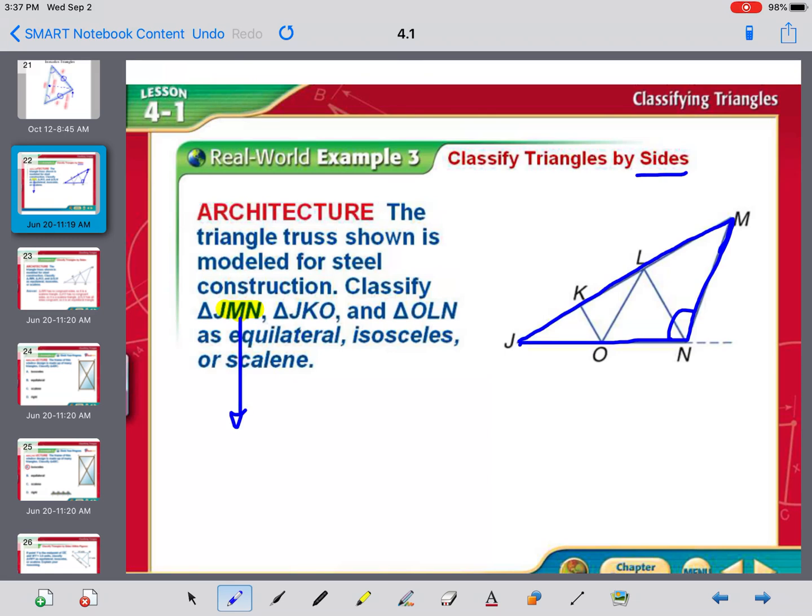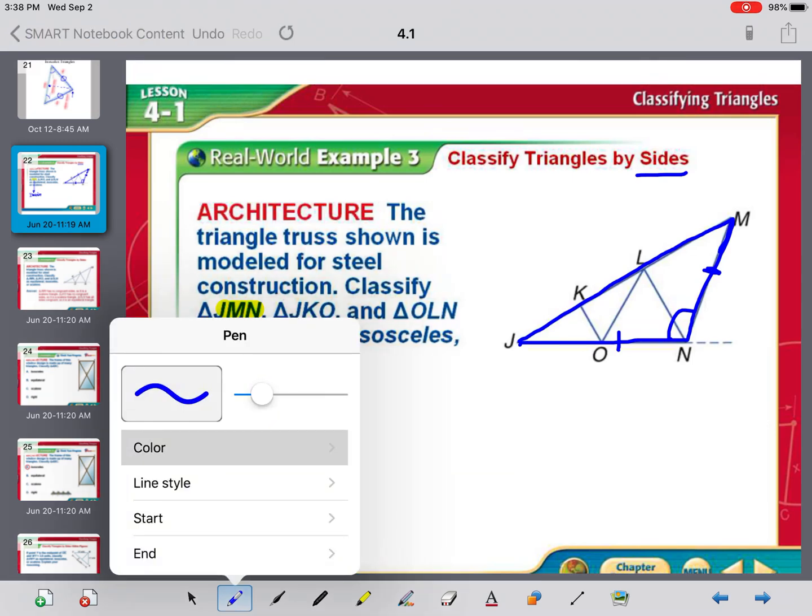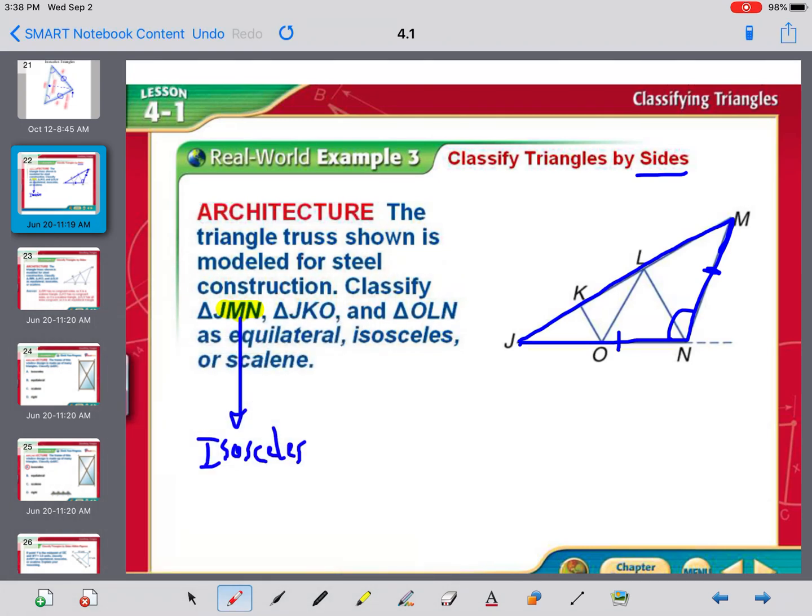We're doing sides, not angles here, sides. Are any of these sides congruent? Maybe. I mean, without measuring, it's hard to know. But if this side's congruent to this side, then it's isosceles. If those two sides are not congruent, then it's scalene.